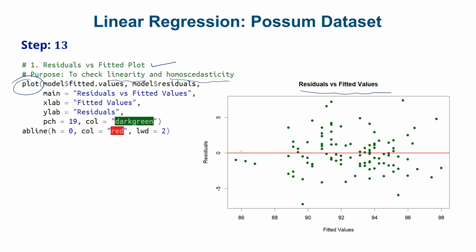That would suggest our model is appropriate, it captures the main trend, and the residuals, or errors, don't show any systematic pattern. However, if you see a curve like a smile or frown shape, it suggests the model is misspecified. That usually means the relationship between the predictor and the response is not purely linear.